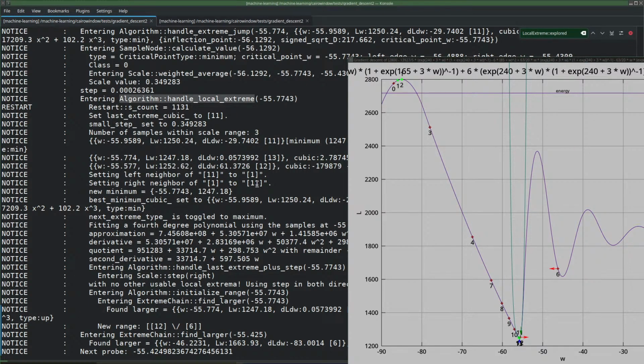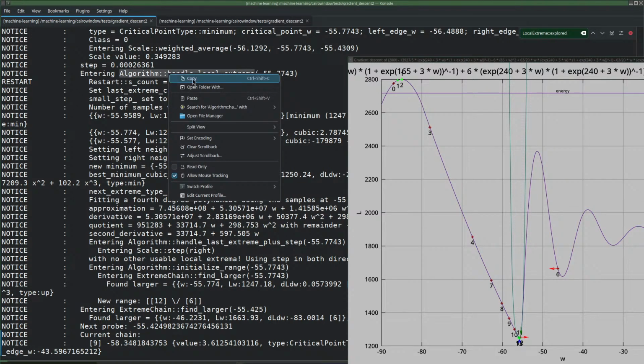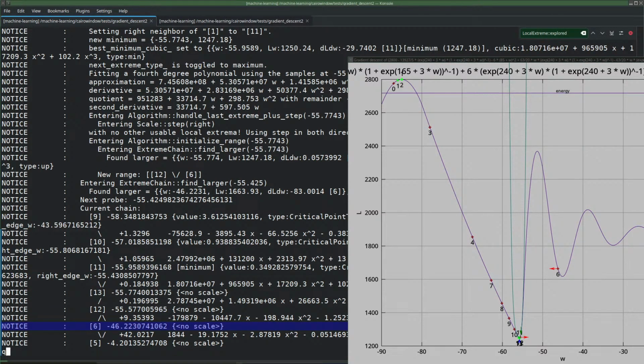The right neighbor of 1 to 11. But it's not marked as being explored. Next extreme type is toggled to maximum. I don't know, somewhere in handle local extreme, I guess. Let's just try to find it.